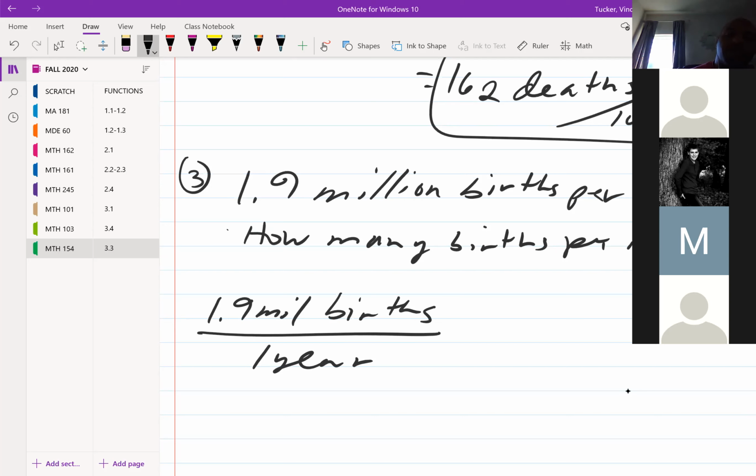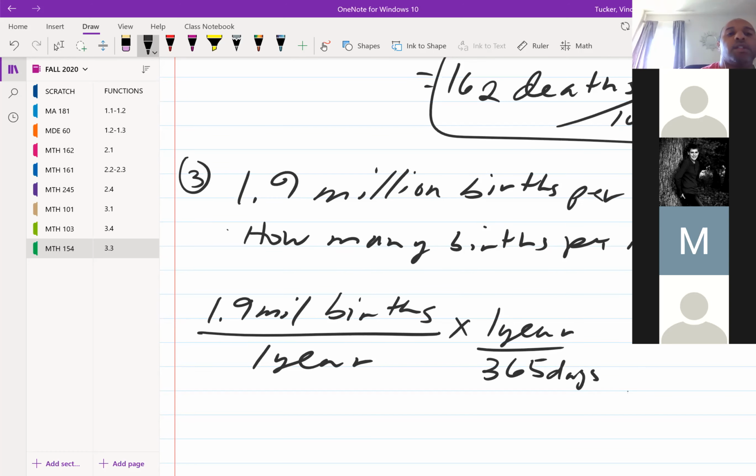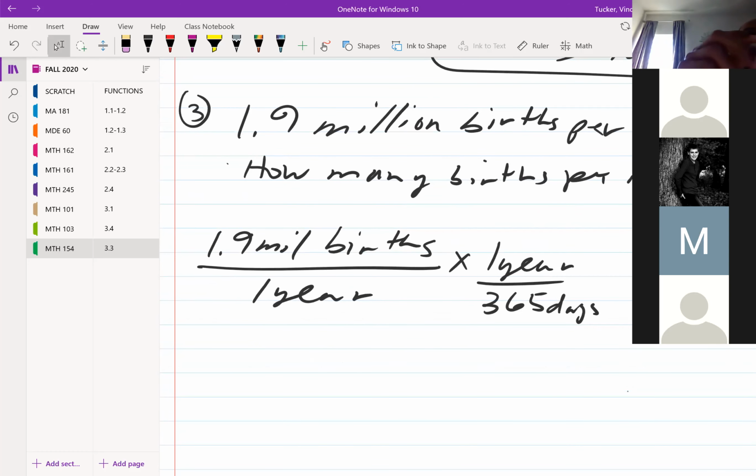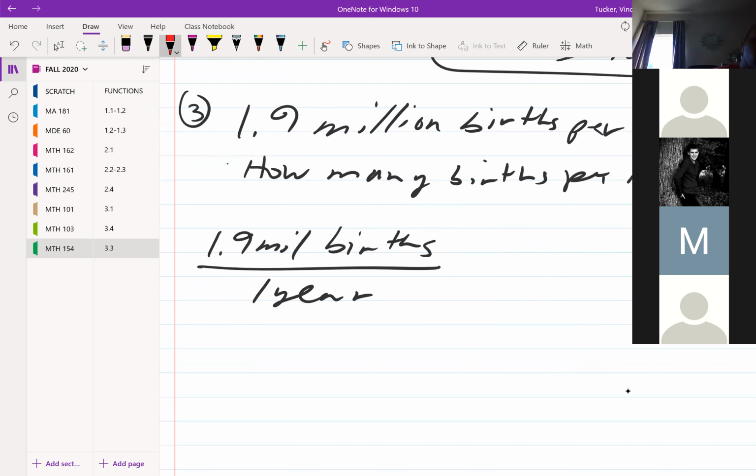We're going to use our conversion factors. We want to convert years to minutes. So we can go 1 year over 365 days. And I didn't give myself enough room. All right, so let me do this. I'm going to rewrite it down here and give myself a little more extra room.